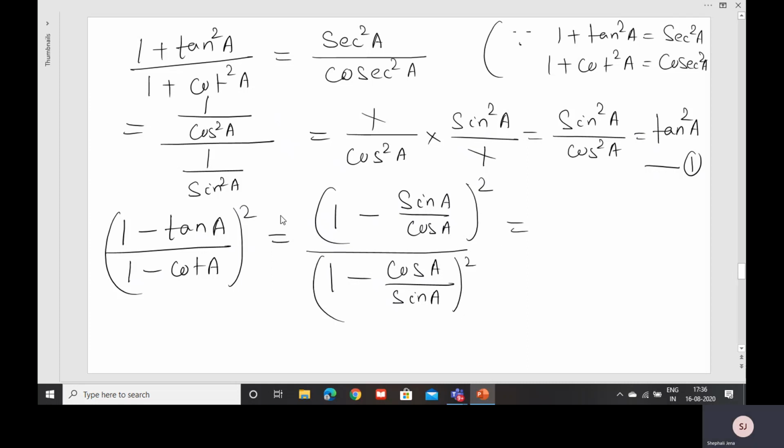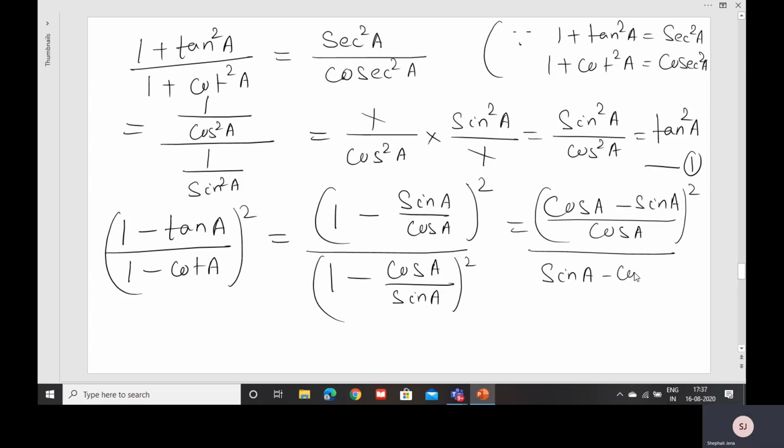Okay, we can separate whole squares. Now we should do fractional subtraction: (cos A minus sin A divided by cos A) whole square, whole divided by (sin A minus cos A divided by sin A) whole square.